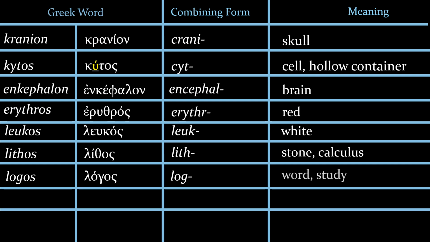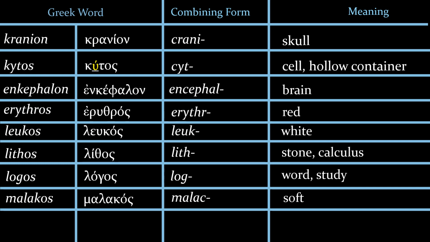Log is the combining form, and we get word or study, and I'm sure we can all think of many words that have this. After that, we have malakos, and there's what it looks like in Greek. Again, these are just normal Greek words, although they sound very exotic to us in English. Your combining form is malak, okay?